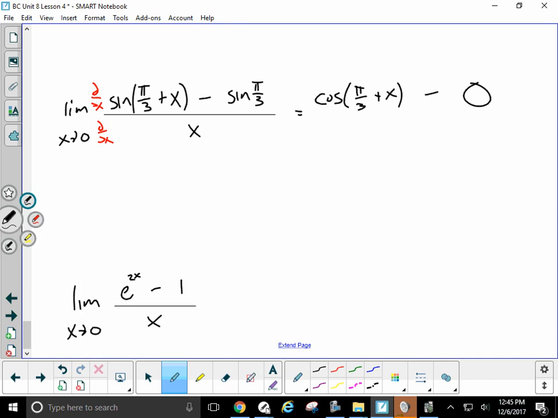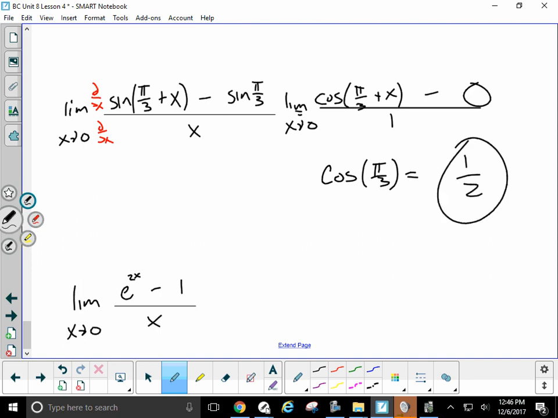The derivative of a number is 0, over 1. I am finding the limit as x approaches 0 of this. I would then plug in 0 like I would try every single time, and I get the cosine of pi/3. The cosine of pi/3 is 1/2, just like my calculator told me.